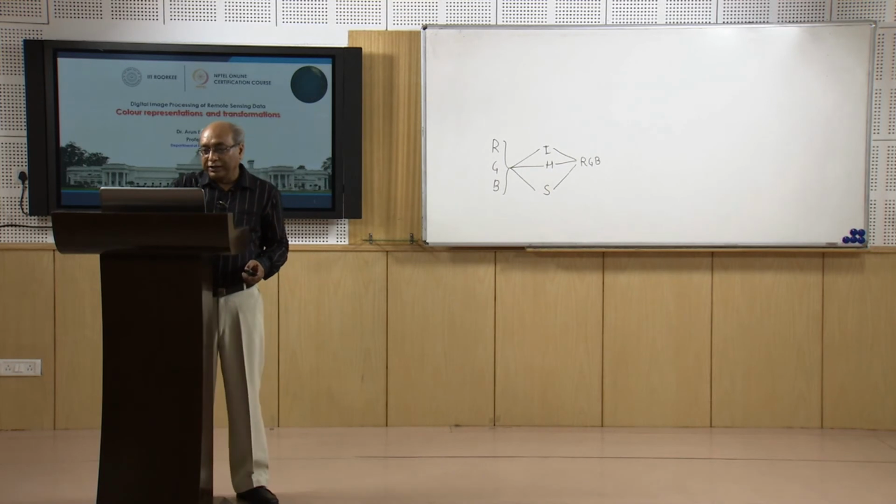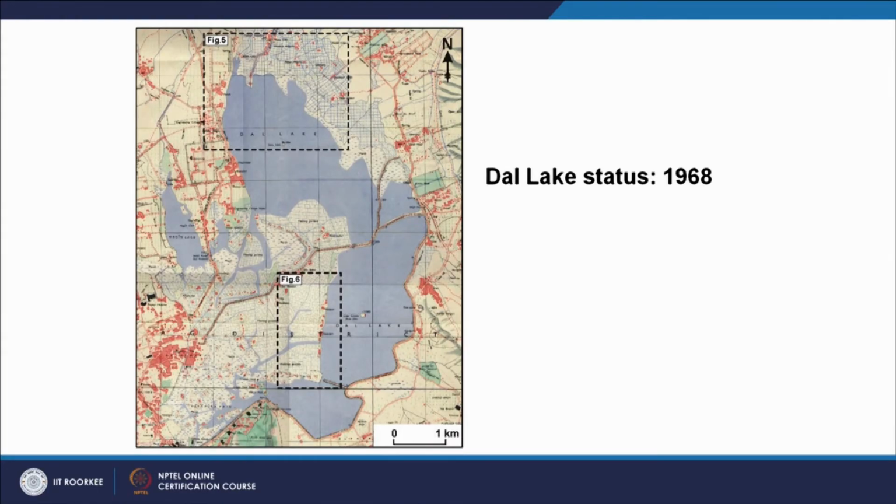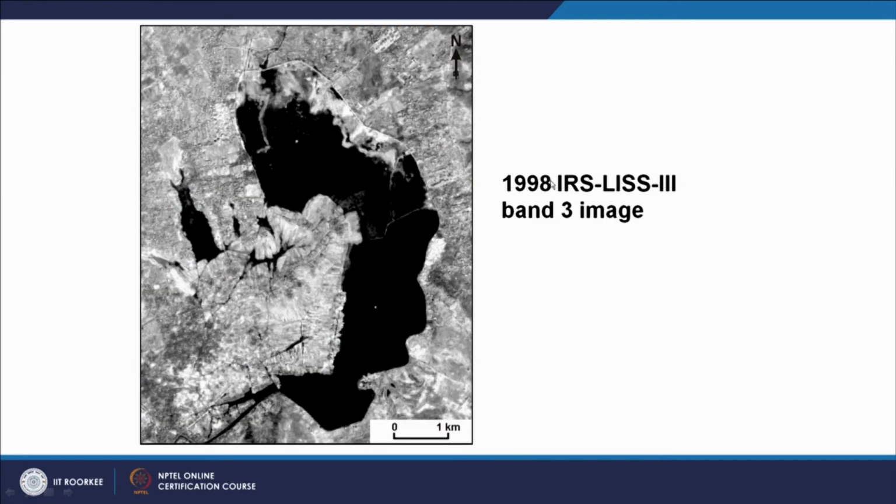Though LISS 3 color composites can be made, here we are doing it a little differently, using the colors of this Dal Lake map, which is a Survey of India map at a very large scale, but it was surveyed in 1968, while this image is from 1998. So a 30 year time difference.